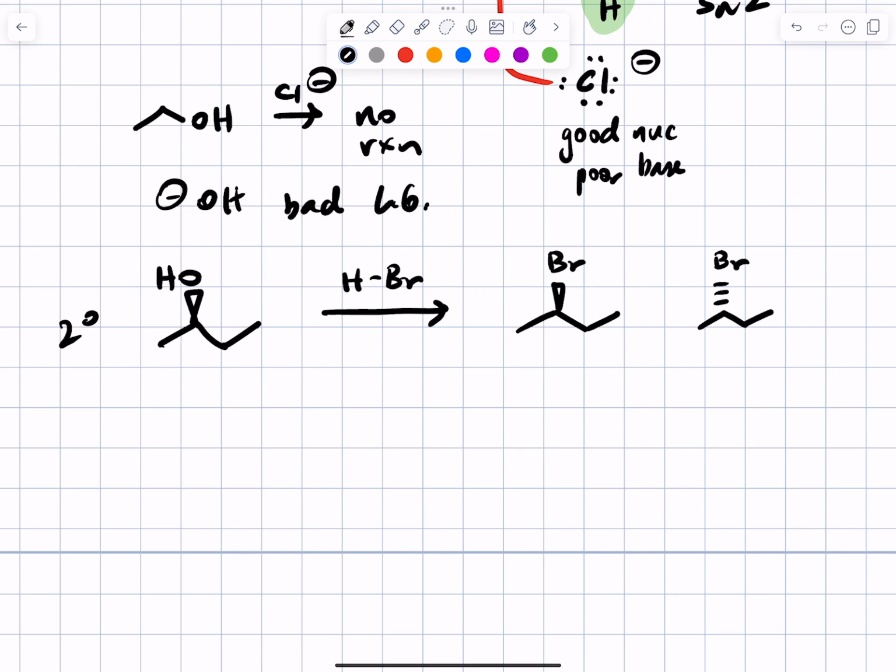Okay? If you see that, that tells you that the reaction mechanism was not actually SN2. And so, because we get both enantiomers, it must be SN1. That is, there must be a carbocation intermediate.